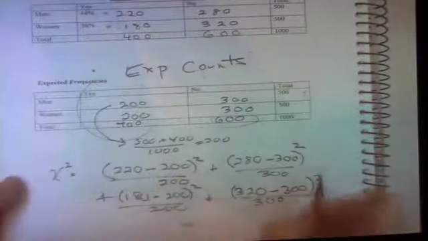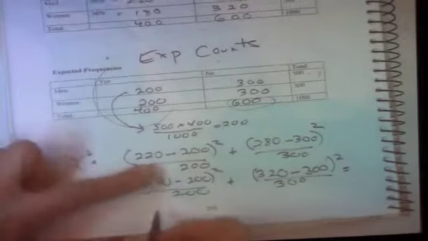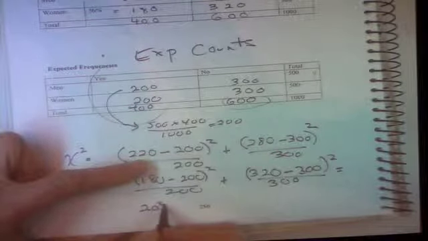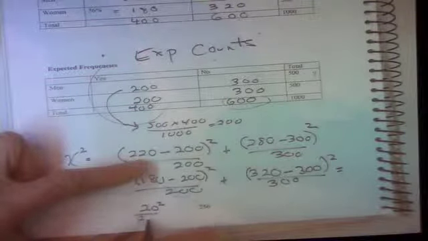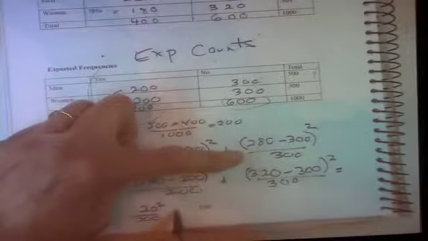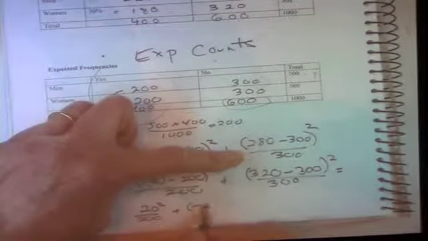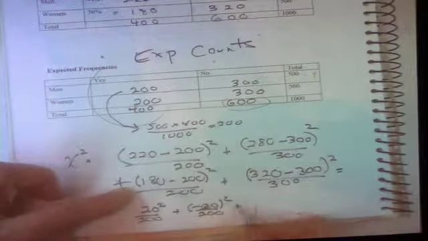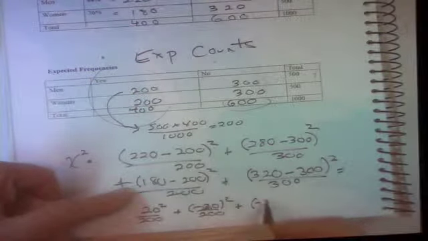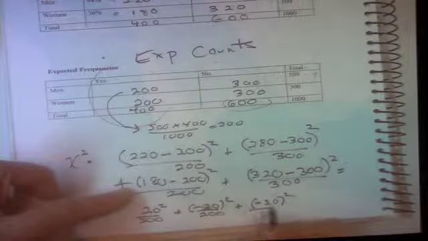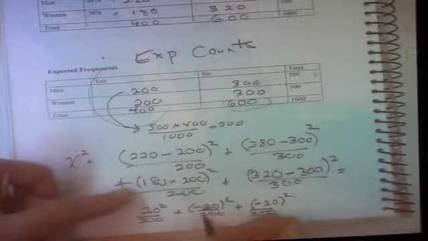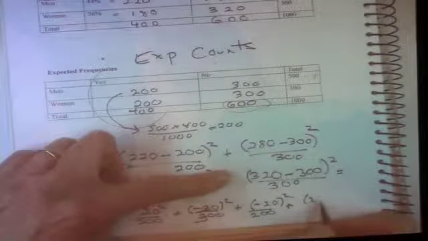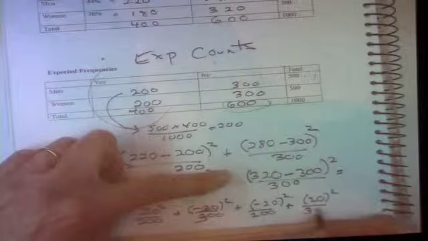And we just add all those up, and these add up easily, because that is 20 squared over 200, and that is negative 20 squared over 200, and this one is 20 squared over 300.